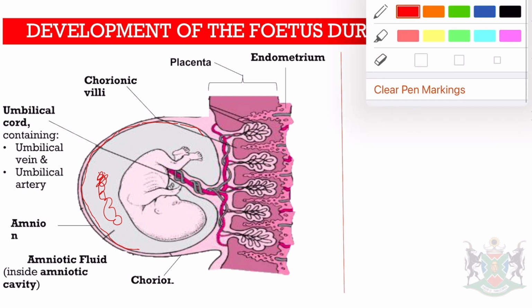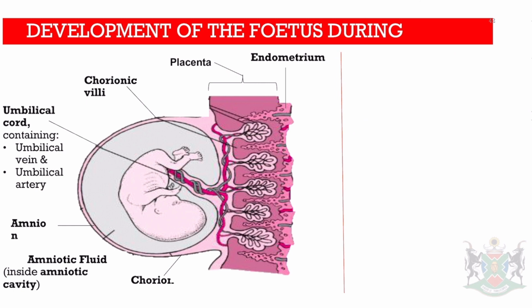Remember, a cavity is a space, any space within the body. So the amnion is like the container. The space inside that container is the amniotic cavity, and the space will be filled with fluid, which is the amniotic fluid.